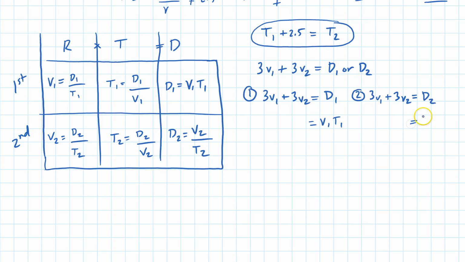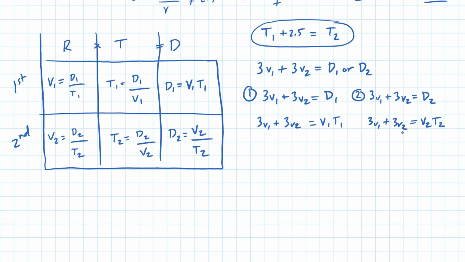And I said d2 was equal to v2 times t2. Okay, so I have this and this.